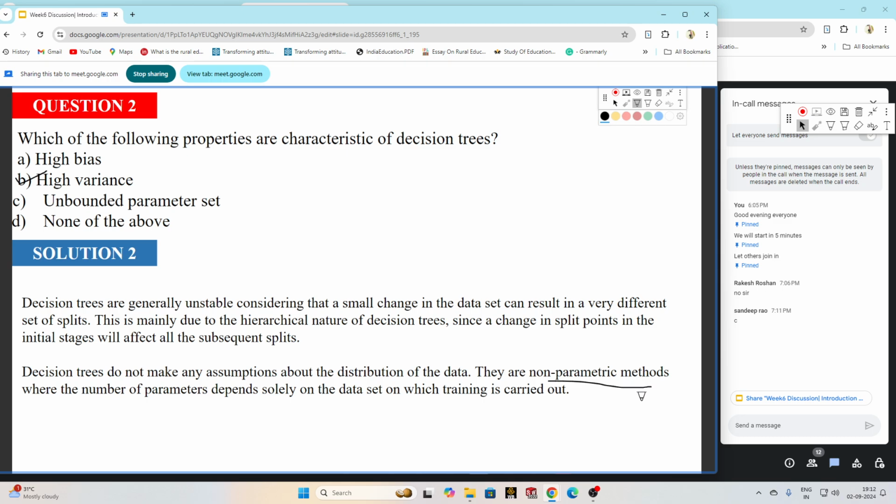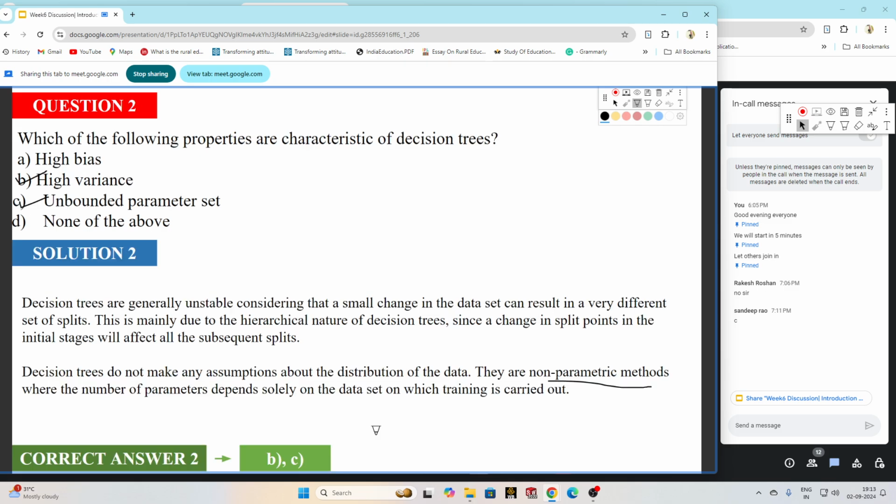It depends fully on data, not on any other parameter. So B as well as C is your correct answer.